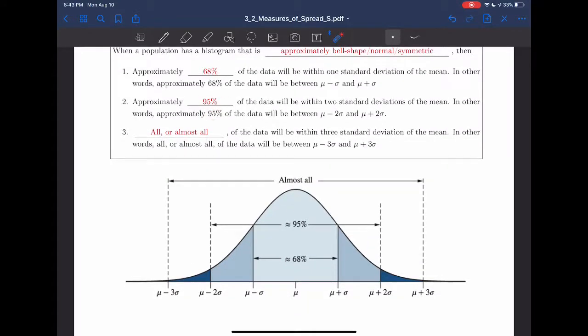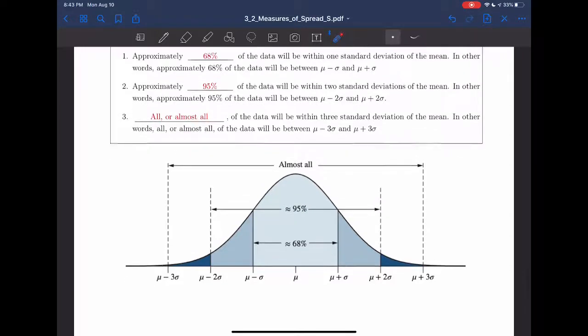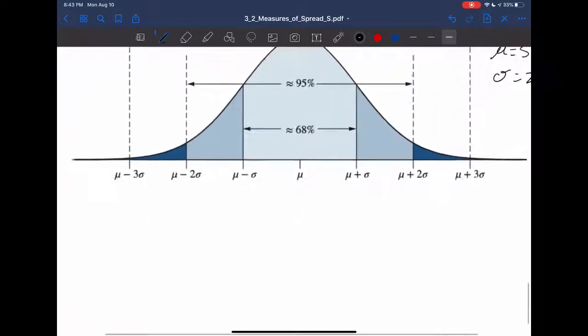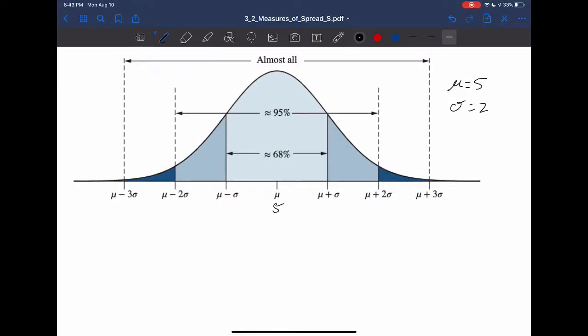95% of your data is two standard deviations away. So you do the same thing where you add 2 times your standard deviation. So for example, if you had a mean of 5 and a standard deviation of 2, then this will be 5, and this will be 5 plus 2, which gives you 7, and then this will be 5 minus 2, which gives you 3.